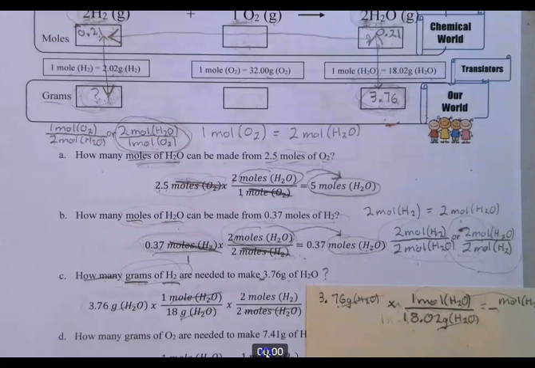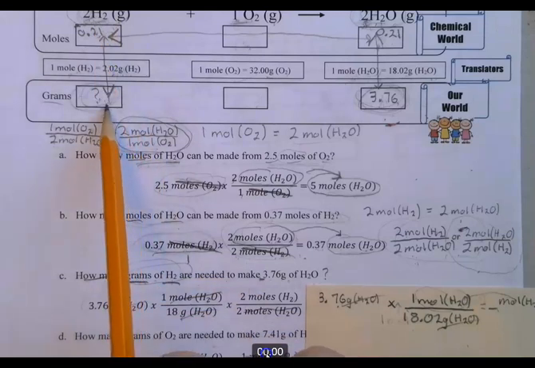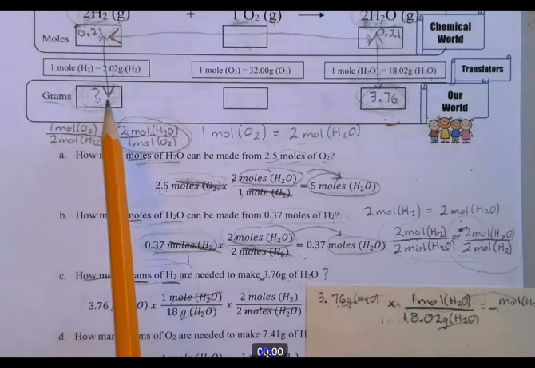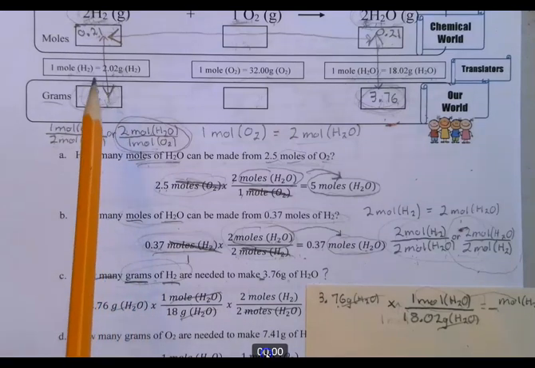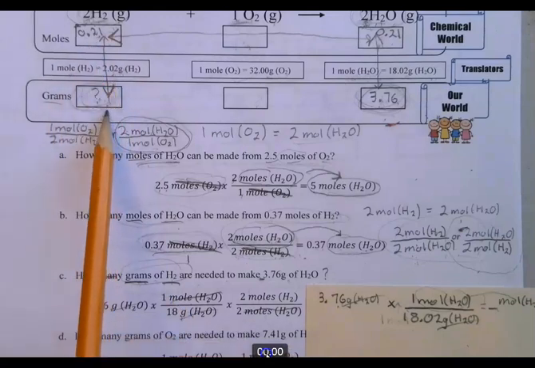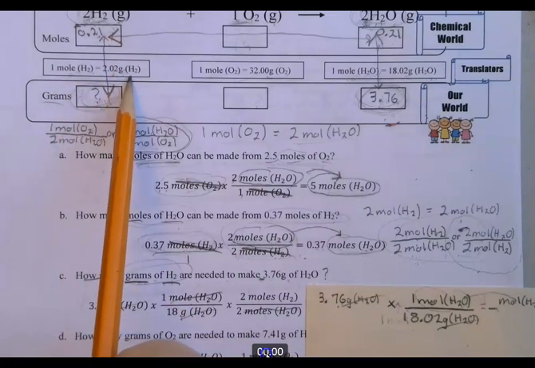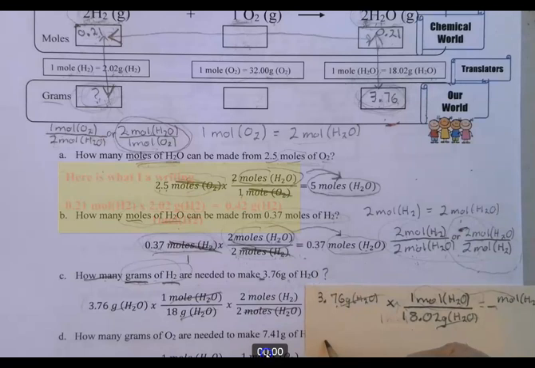Now I'm only one step away from getting my answer. I need to convert 0.21 moles of H2 into some number of grams of H2, and that will answer the question I've been asked, how many grams of H2? So here's my translator between moles of H2 and grams of H2. It's this right here, 1 mole of H2 equals 2.02 grams of H2. So let me go ahead and write that equation down here.